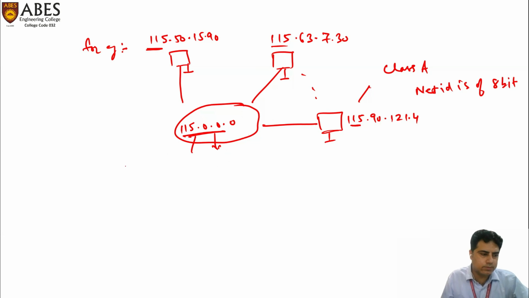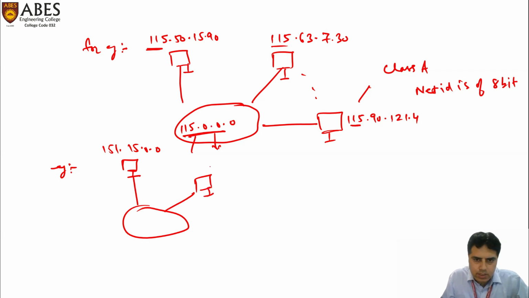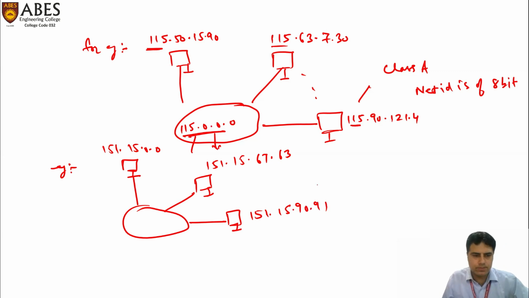One more example. For example, this computer has an IP address of 151.15.67.63, and this one 151.15.90.90.